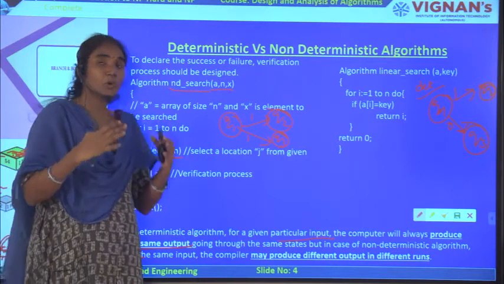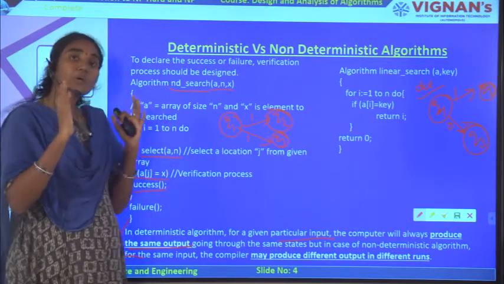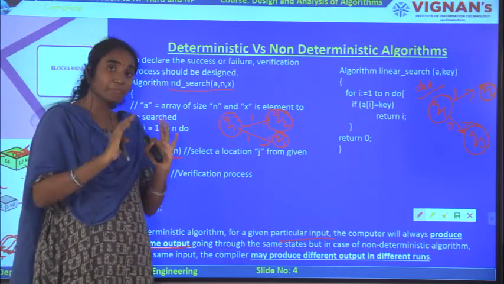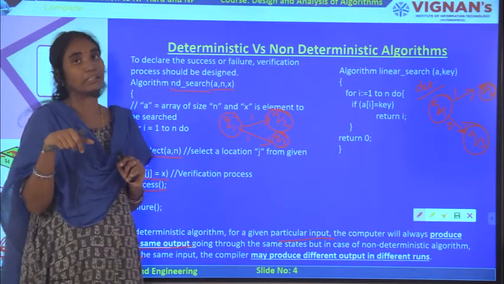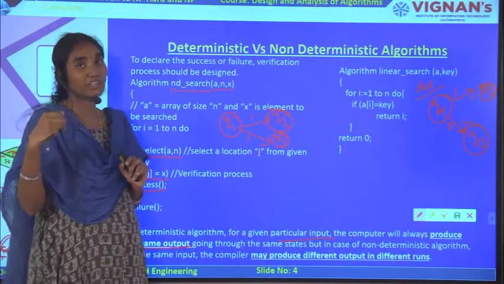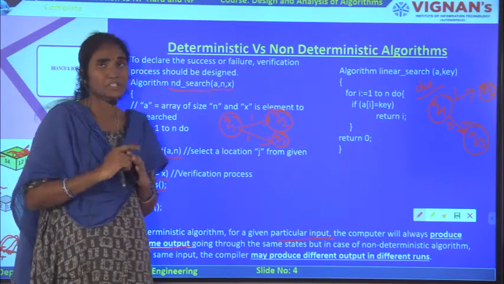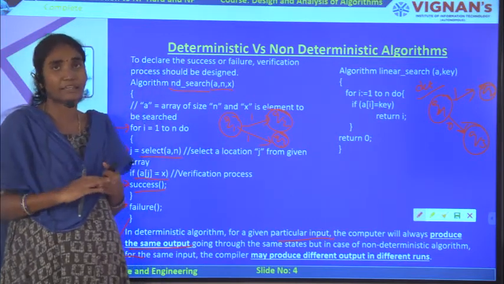So our main motto here is that we need to implement the non-deterministic algorithm for exponential algorithms, the algorithms which are running in exponential time. Let us consider 0/1 knapsack or sum of subsets or graph coloring or Hamiltonian cycle, right?